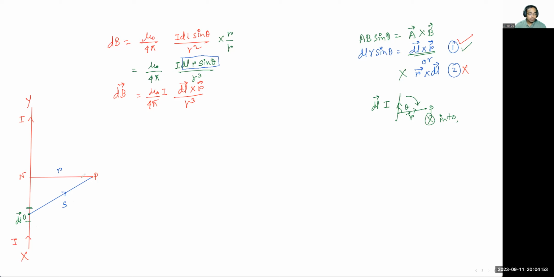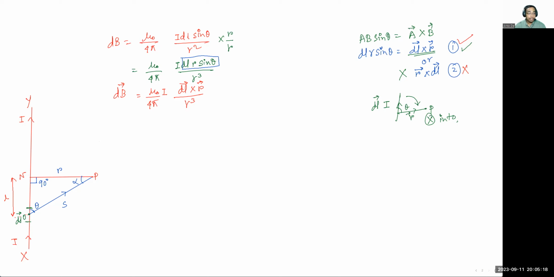This angle is called alpha. This is 90 degrees, you can clearly see. And this angle is theta as before. Let us say NO is L, and NP is r.